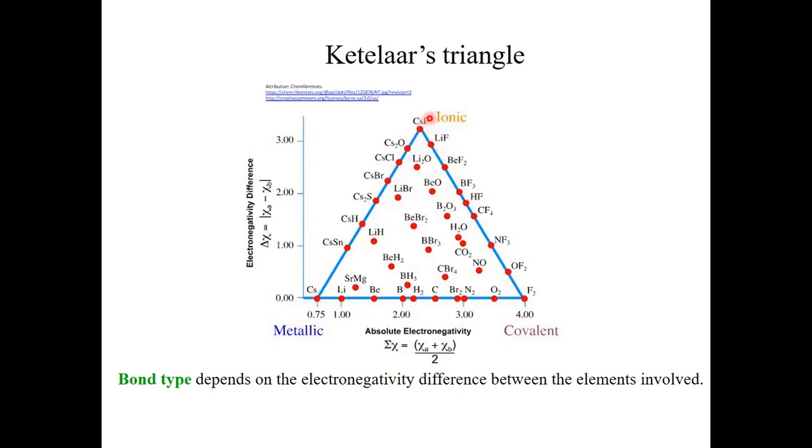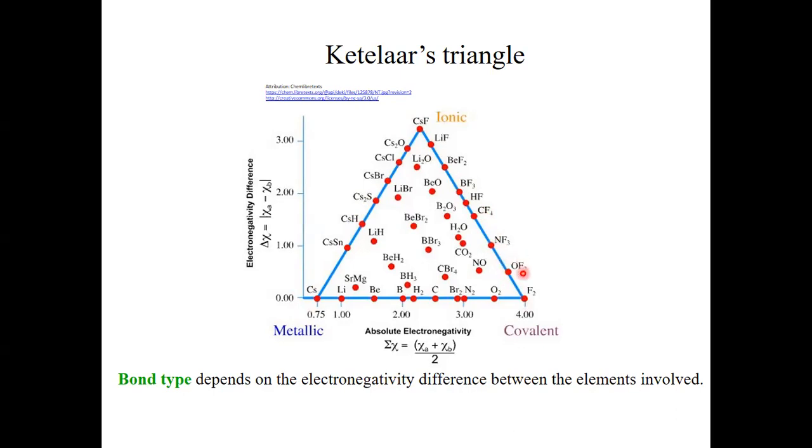So on this edge here, we would have cesium compounds that increase in electronegativity difference as we go from cesium metal to cesium fluoride. And on that edge, we would have only fluorine compounds, whereby the electronegativity difference in these fluorine compounds would increase as we go from this corner to the other.